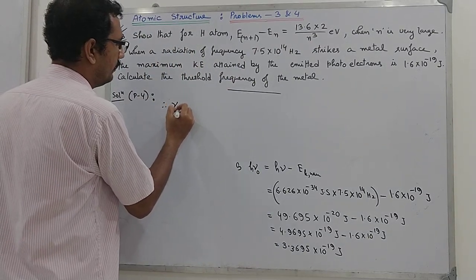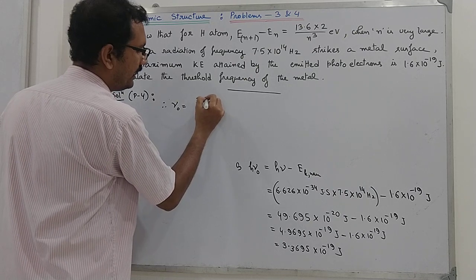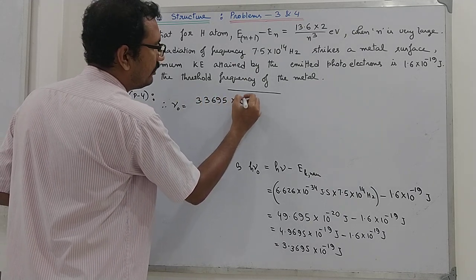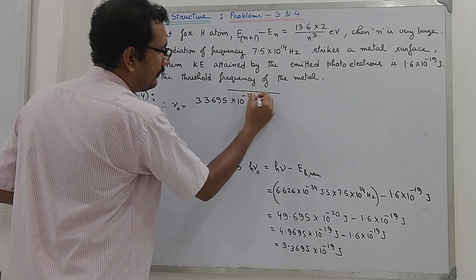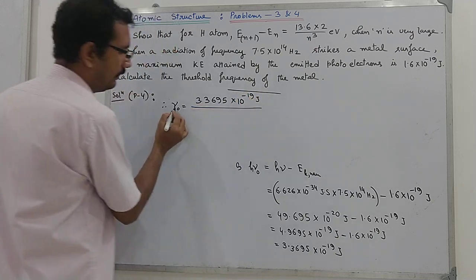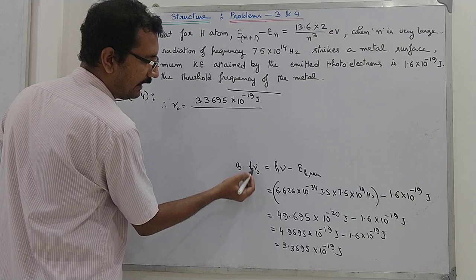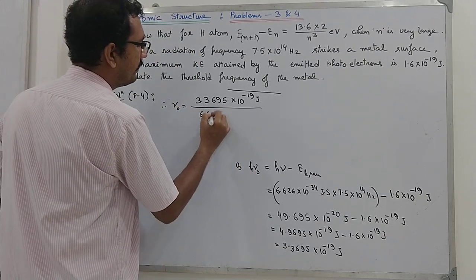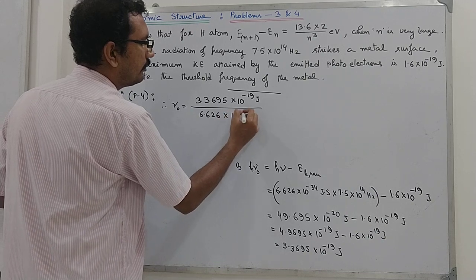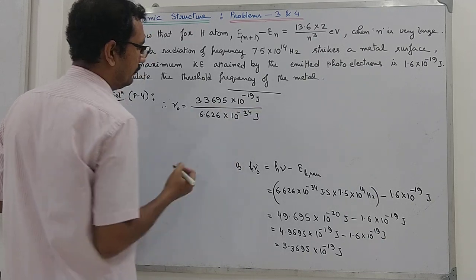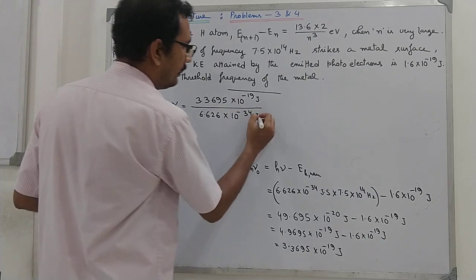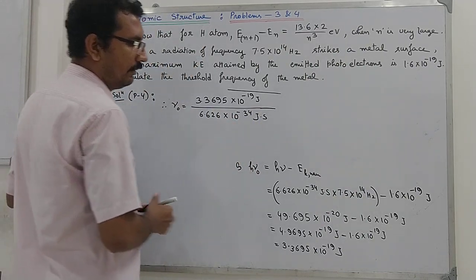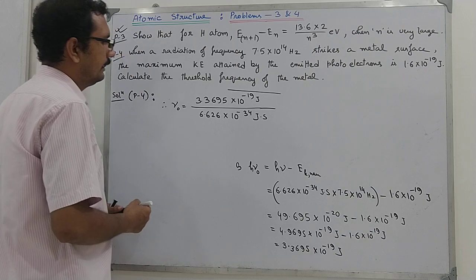Therefore, nu 0 equals 3.3695 into 10 to the power minus 19 joule by, you have to take this Planck's constant to the right hand side, so it will be 6.626 into 10 to the power minus 34 joule second, since the unit of Planck's constant is joule second.